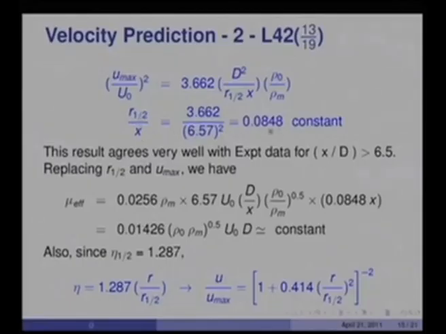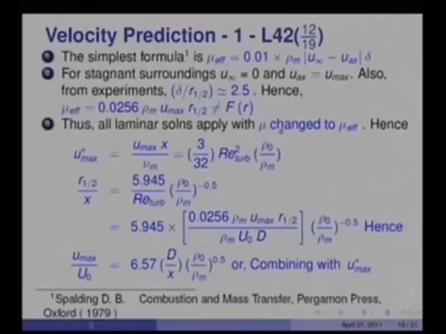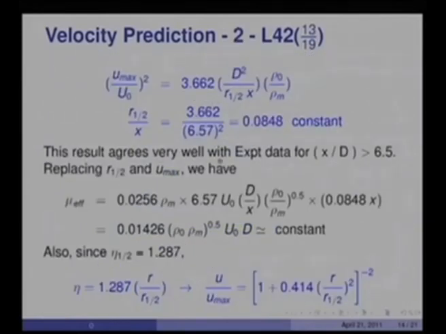So, r half is definitely a function of x. In fact, it increases linearly with x as r half divided by x is 0.0848. So, in our effective viscosity formula, r half will vary with x. Now, let us see how u max will vary. Now, the results agree very well.